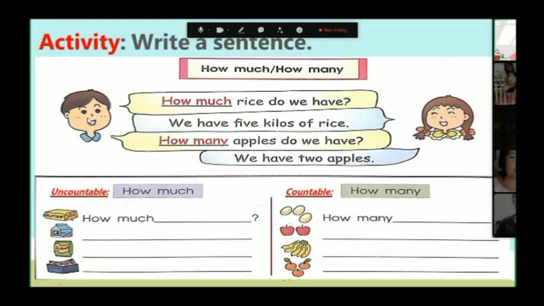The boys: How much rice do we have? Okay, for the girls, read. We have five kilos of rice. Again, rice.